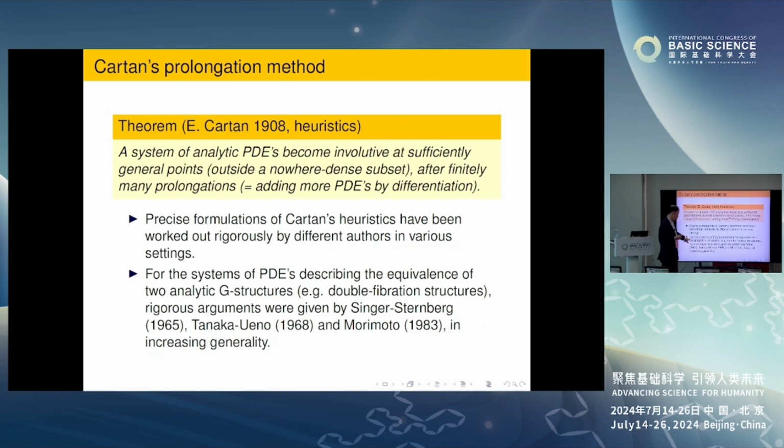For the system of PDEs describing equivalence of G-structures, and this double fibration is a special case of G-structures, the involutivity was first proved by Singer and Sternberg, then generalized by Tanaka, Ueno, and then the most general version is due to Morimoto, and we need this Morimoto version.